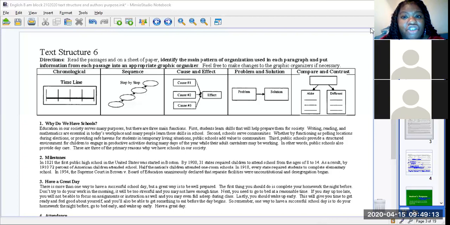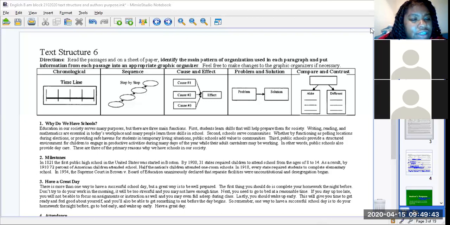Does compare and contrast? Which one goes along with "why"? Cause and effect. Excellent. So number 1 is actually cause and effect, because it says, "Why do we have schools?" and it will give you the reasons why we have schools.